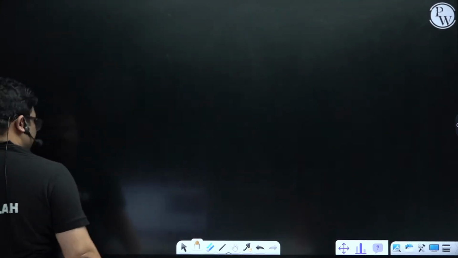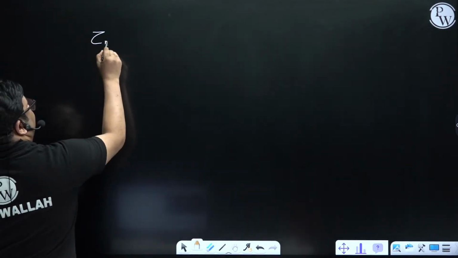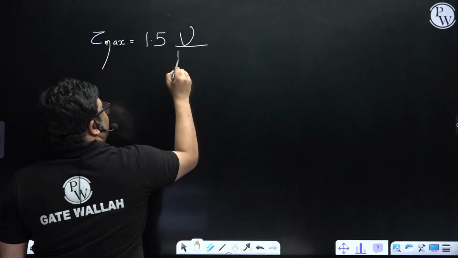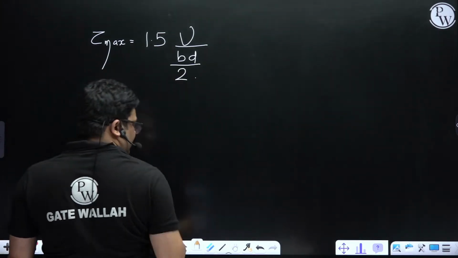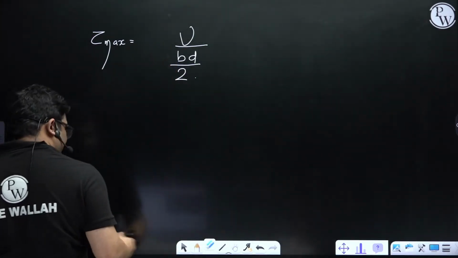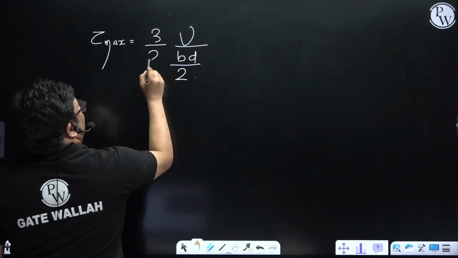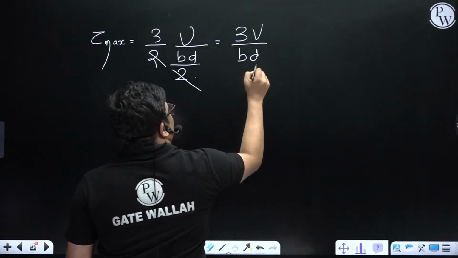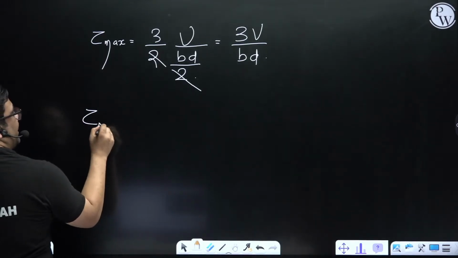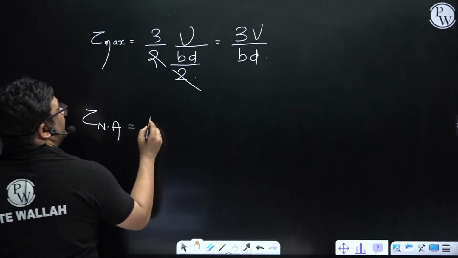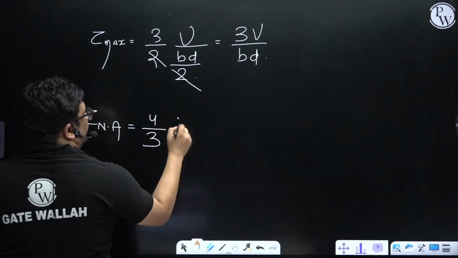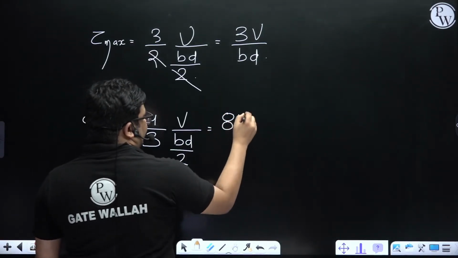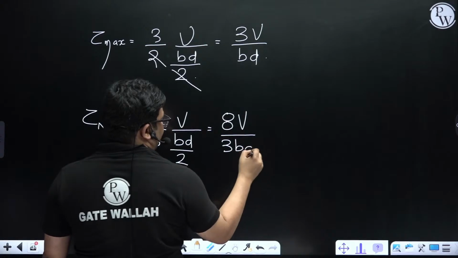So if I am interested in finding the maximum shear stress for a triangle, it is 1.5 times V by BD/2, that is 3/2 times V by BD/2. So the 2s get cancelled, and I can say 3V by BD. Whereas at the neutral axis it is 4/3 of V by BD/2, that is equal to 8V by 3BD.